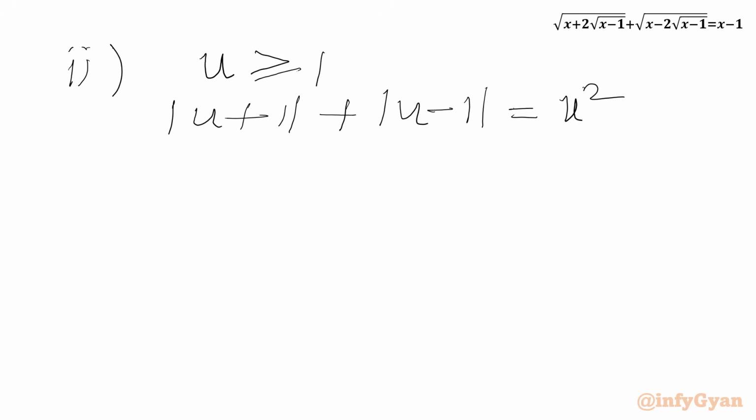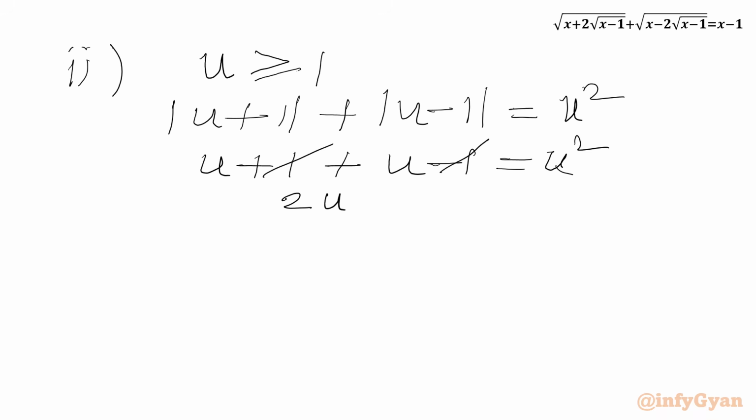Now u is greater than or equal to 1, so mod of u plus 1 will be u plus 1 and mod of u minus 1 will be u minus 1, equal to u square. Now plus 1 minus 1 will be over. We will write 2u equal to u square.